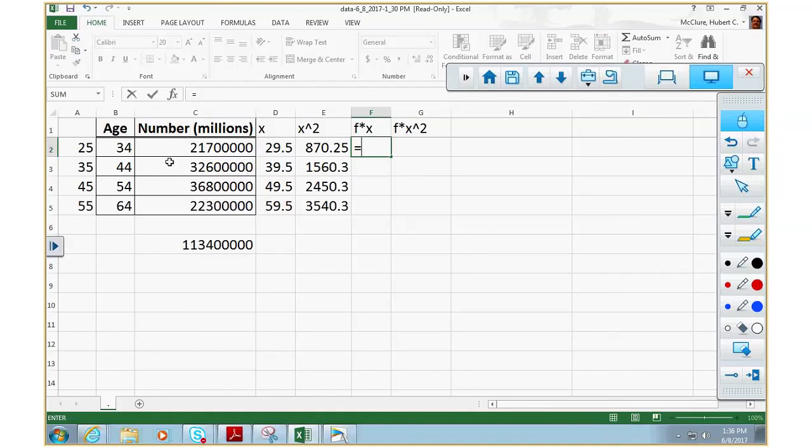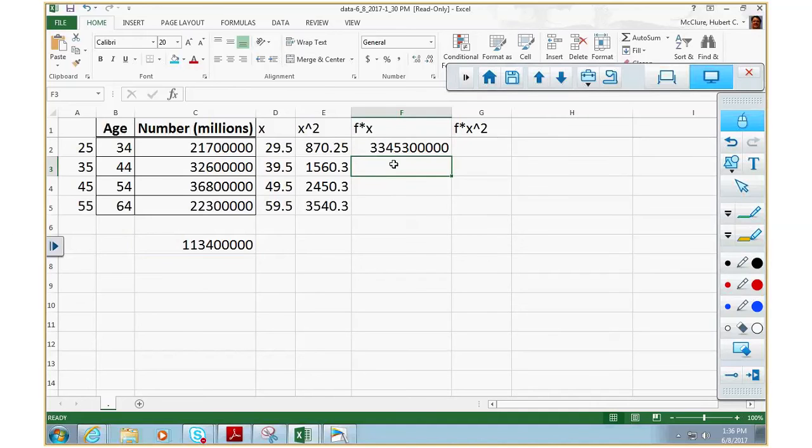F times X. Oh, I didn't get F, did I? Yeah, I did. That's a big number, isn't it? Yeah, a couple of billion. F times X. And I'm going to take F and I'm going to lock it. Now check my numbers. How do you do that?